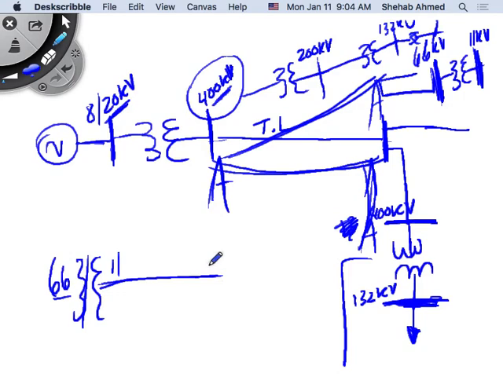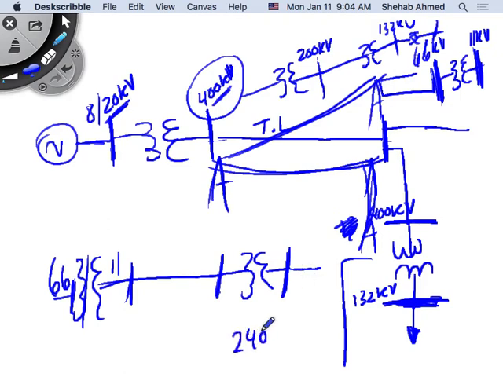Then we get to your homes, right? Your homes are consuming power at what voltage? What? 240 volts, yes. 240 volts phase voltage, right? So we're talking about a three-phase system. So what would be the line-to-line voltage from three-phase? If 240 volts is your single-phase voltage, what is your line-to-line voltage in a three-phase system?